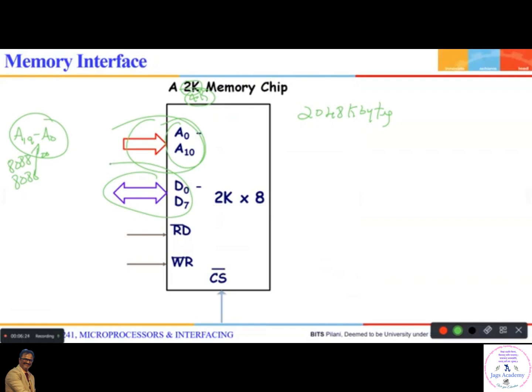What is the purpose of the chip select bar? If the microprocessor wants to read from this chip, the chip select signal will become low. This is very important. Never forget this.